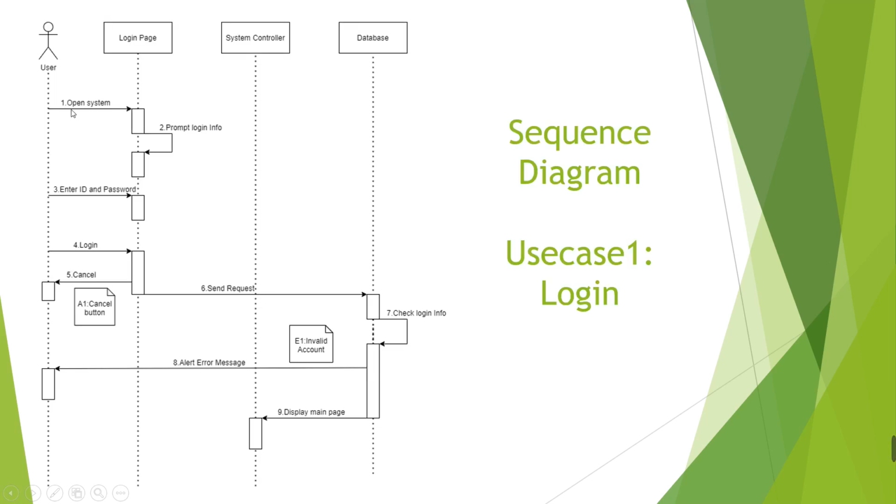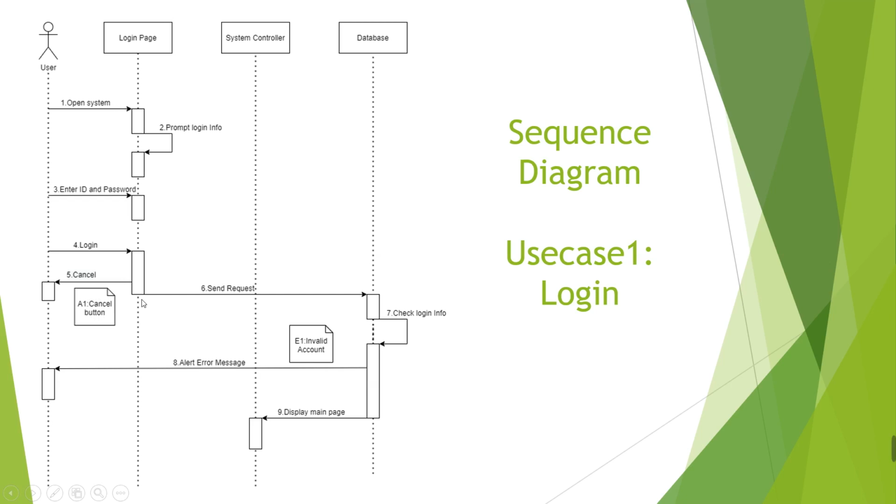And this is the sequence diagram. For this sequence diagram, the user first opens the system and the system prompts the login info, and then the user enters ID and password and then logs in. Sometimes he can click the cancel button, which here is A1.